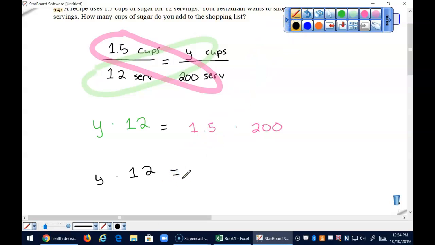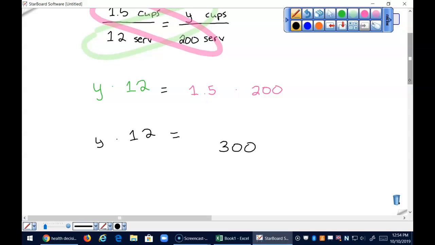So 1.5 200s, that'll be 300. How do I get y by itself? Divide by 12. Yeah, we talked about that last time. If something is stuck on with times 12, the opposite is divided by 12. Okay, so calculator time.